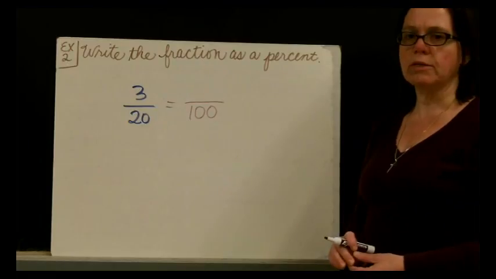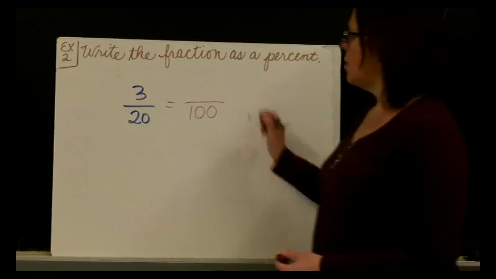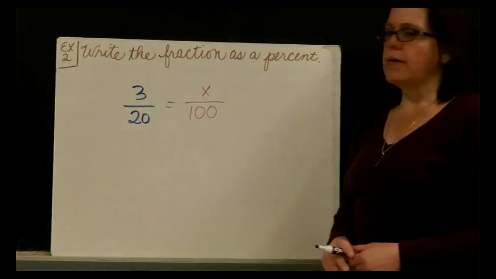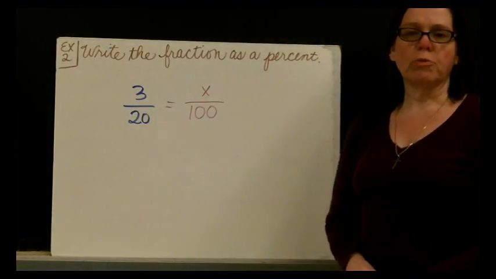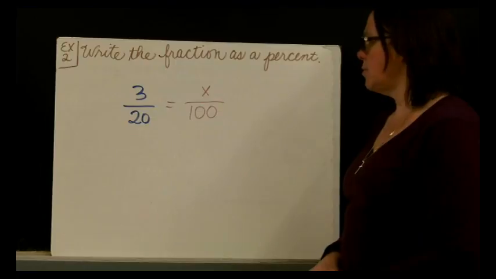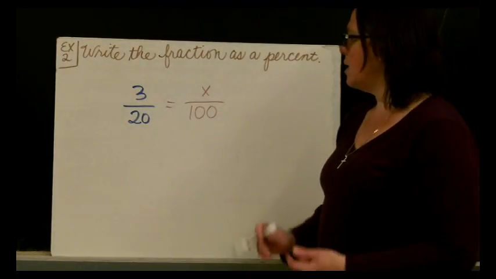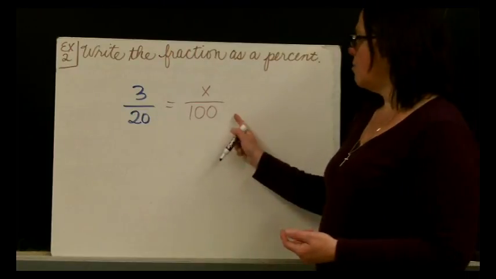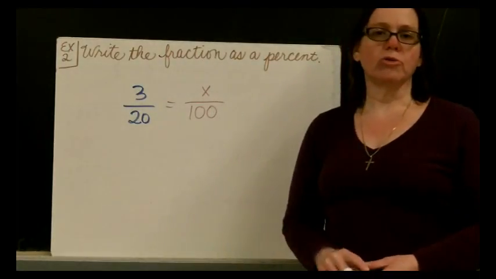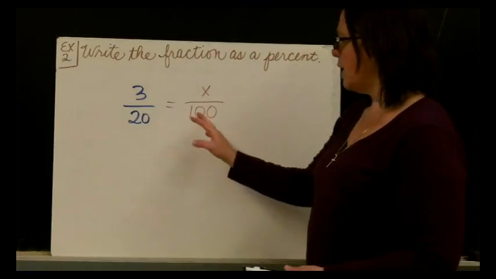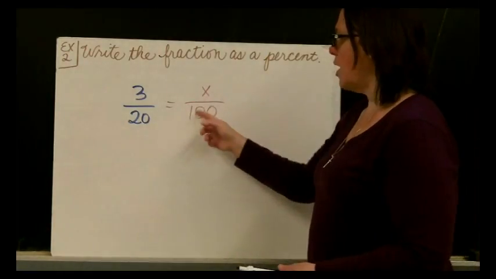Now here we have a couple different ways that we can find out what the percent is when we have 3/20. We can put an X up here, and if we go back to our proportion lessons, we can either make an equivalent fraction, we can use algebra and multiply both sides by 100 to undo the division, or we can cross-multiply.